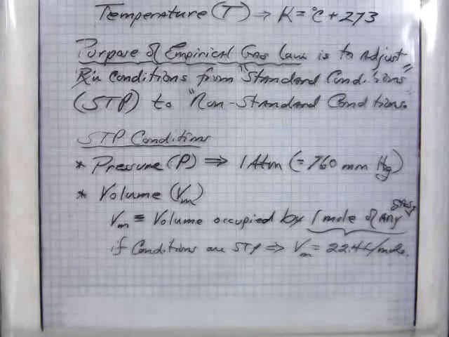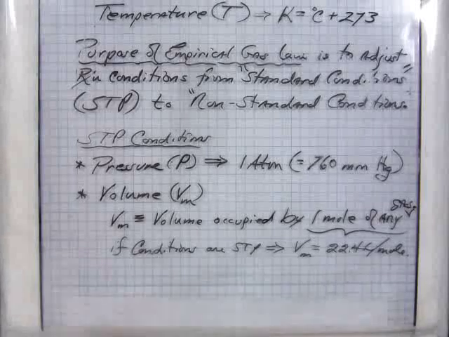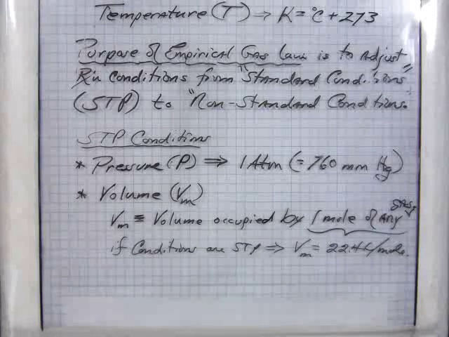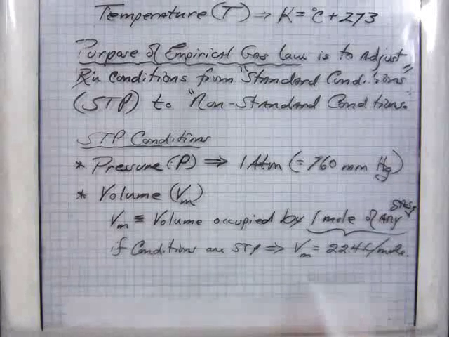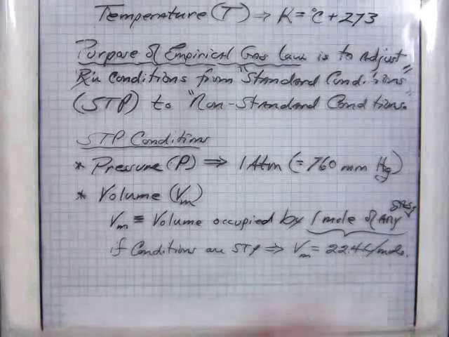So that's 1 atmosphere and 0 degrees Celsius. Then you can assume 1 mole is 22.4, and if it has a 2 in front of the gas phase, it's 44.8, and so forth. We'll expand that later on.